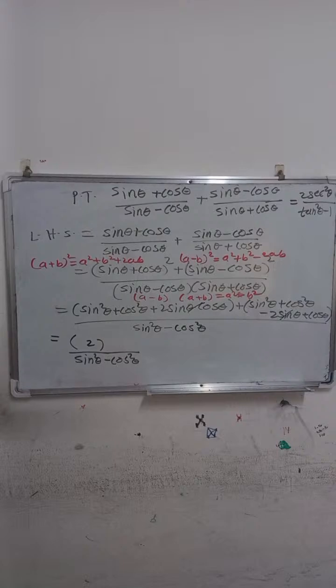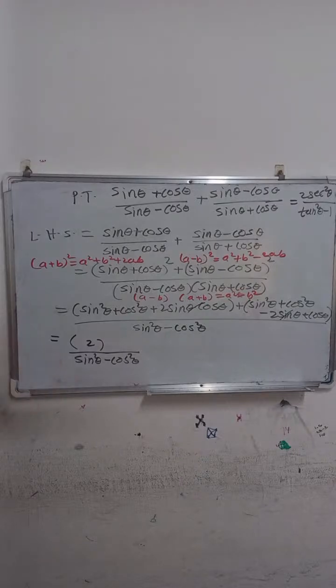Now what can I do here? If we come here, then I get stuck. Then what can we do? I want 2 sec square theta on one side and tan square theta minus 1 on the other, and I got this much.